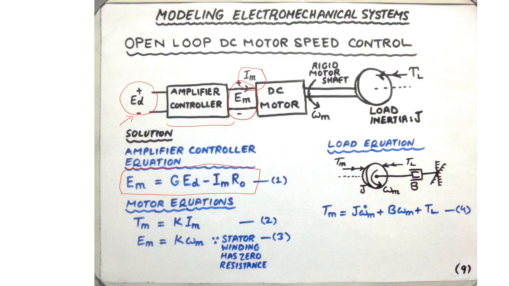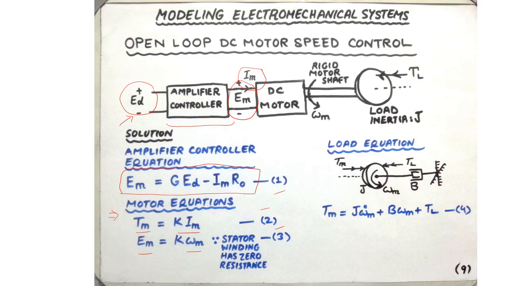The other part of the problem is the modeling equation that accounts for the electromechanical relationship for the DC electrical motor. In this case, we know that the motor torque is K times motor current and the motor speed is 1 over K times EM, the supply voltage. So we have seen those equations before, so we are writing them down explicitly over here.